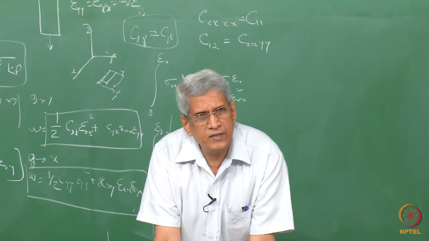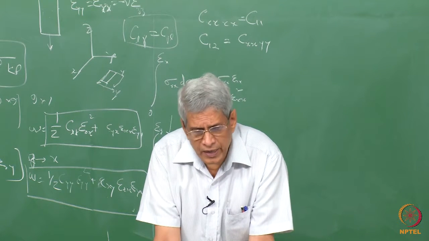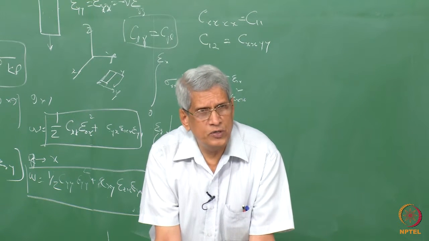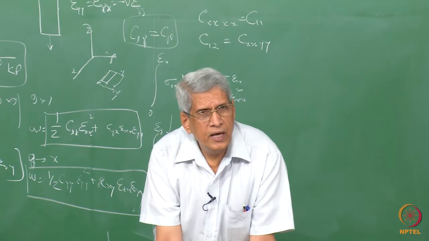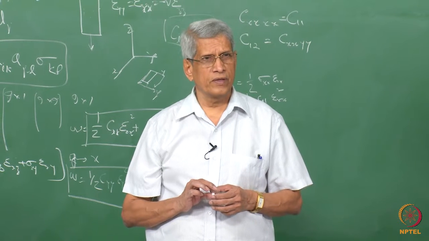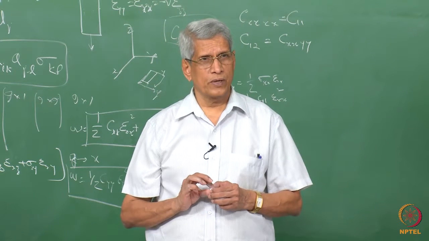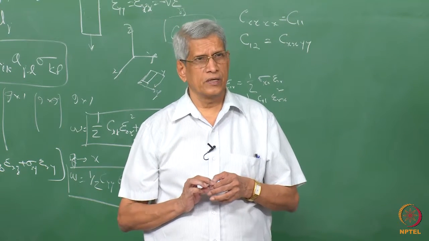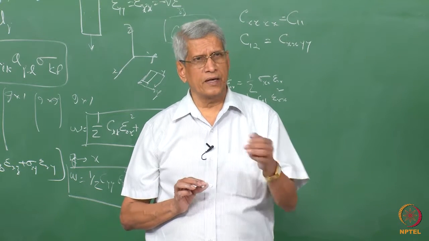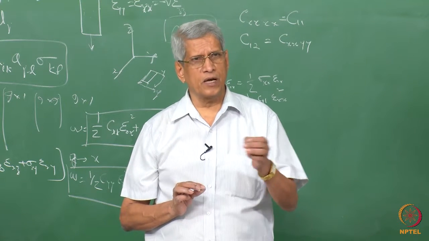Exactly the same logic has to be applied here. Then we will find that some of these components, Cijs, turn out to be 0. Because of that, for the monoclinic system, we will have only 13 independent components. One can do this for other crystal systems also, taking the symmetry elements associated with them and finding out how many independent components there are going to be.